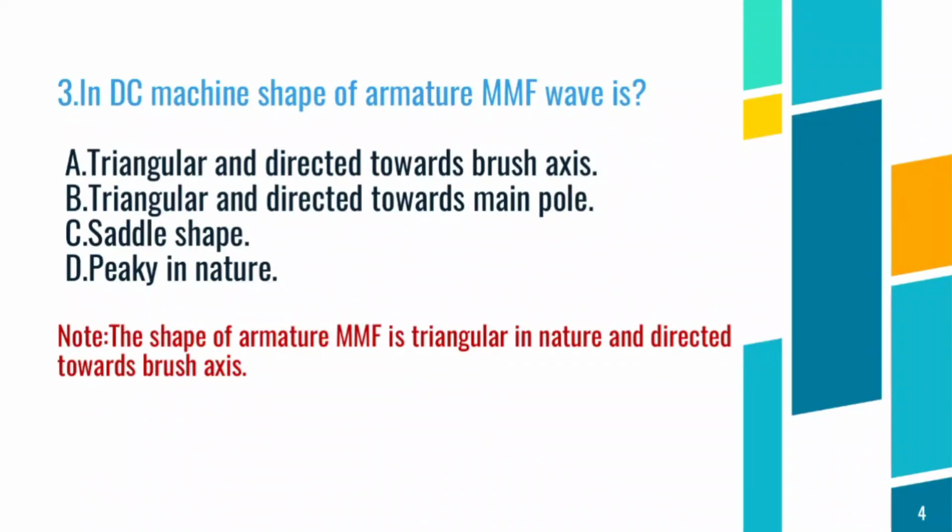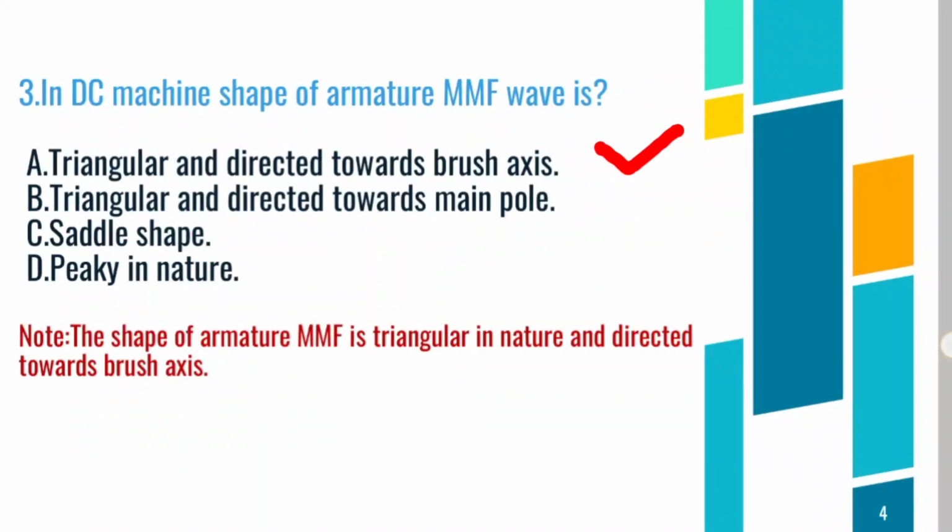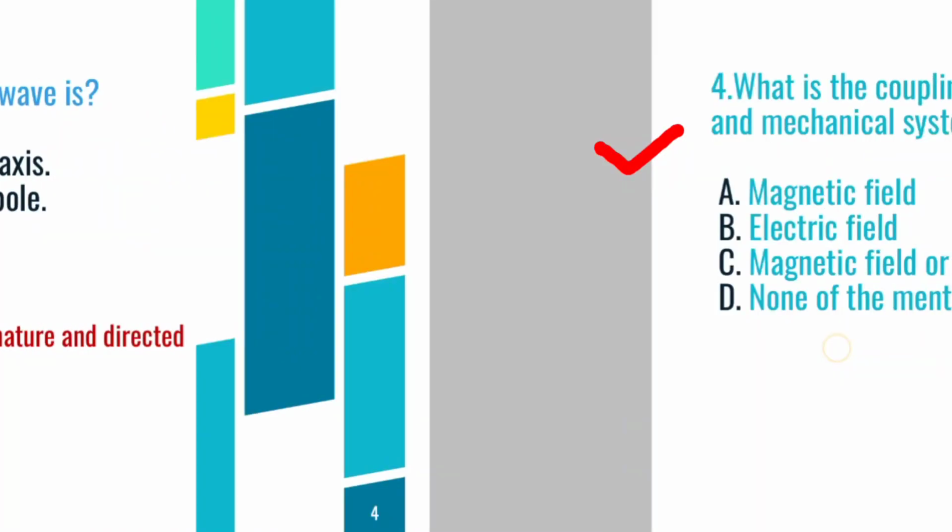Brush axis means it is MNA, magnetic neutral axis. In a DC machine, the shape of the armature MMF wave is A triangular and directed towards brush axis. A is the answer. B triangular and directed towards main pole. C saddle shape. D peaky in nature. A is the answer for the third one.